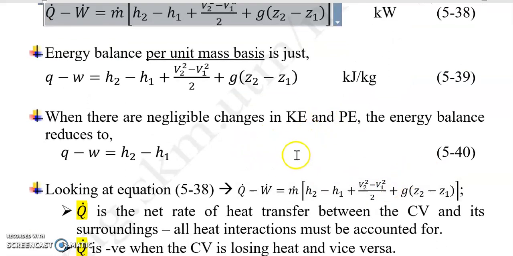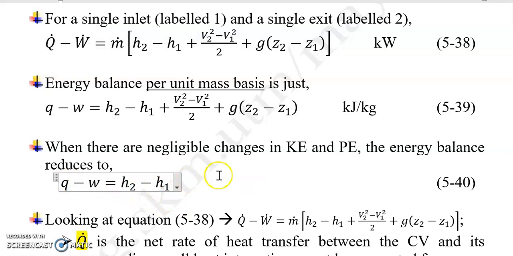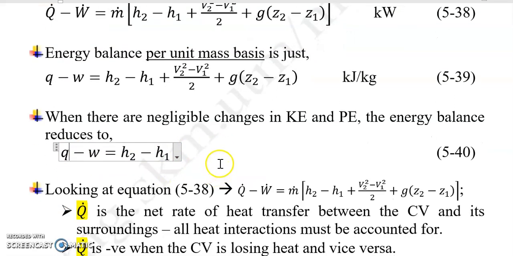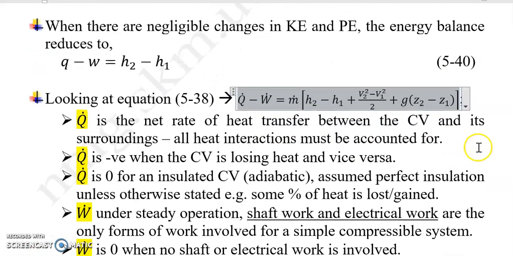When there are negligible changes in kinetic energy and potential energy, most often the case, the energy balance reduces to just this. Now, if you look at 538, you must understand what that means. That Q dot is the net rate of heat transfer between the control volume and its surrounding. So all heat interactions must be accounted for. This is net, and it's negative when the CV is losing heat.